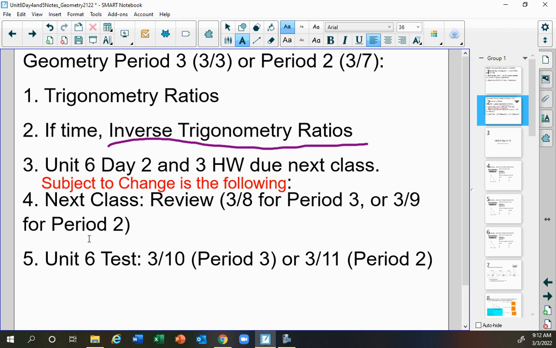So these two are subject to change, and more than likely, I think I will change. The review will probably be 310. Test probably just after that, the 14th. So more than likely, this will be updated.